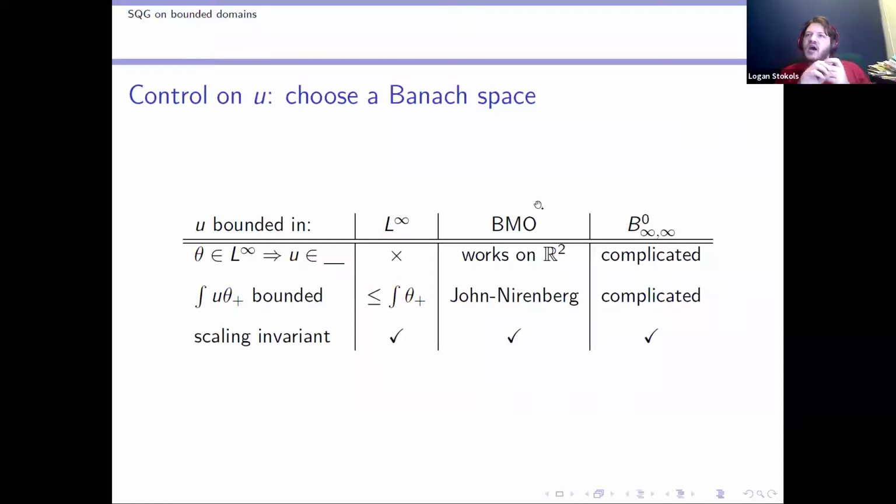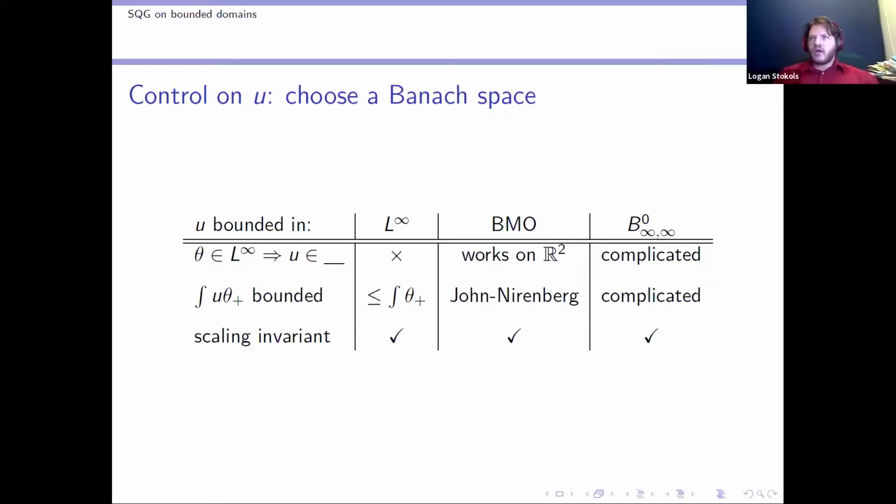In the paper of Caccioppoli and Vasseur, this is for SQG on R2 or the torus, they just use BMO because the Riesz transform is bounded from L infinity to BMO. It's a little bit harder to actually bound the integral using BMO because you have this up-to-a-constant thing.